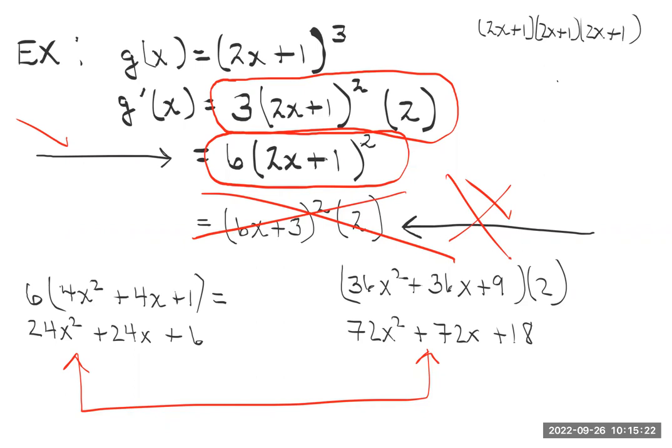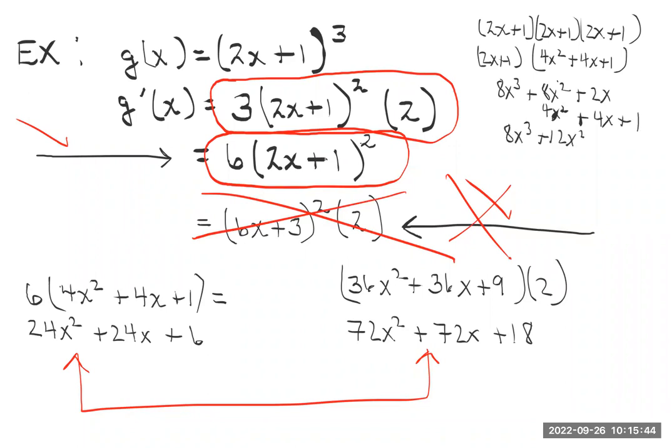Then I've got 4x squared, 4x and 1 multiplied by 2x plus 1. So I've got 8x cubed, 8x squared, 2x, 4x squared, 4x and 1, or 8x cubed, 12x squared, 6x and 1.